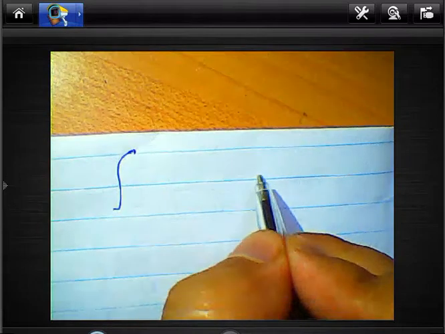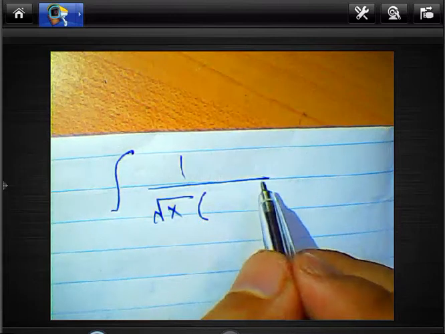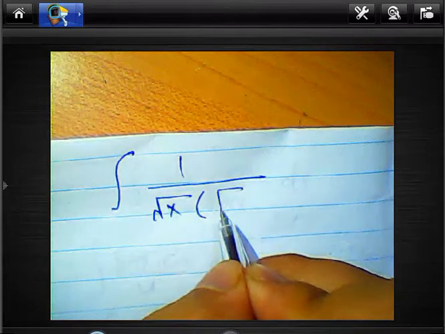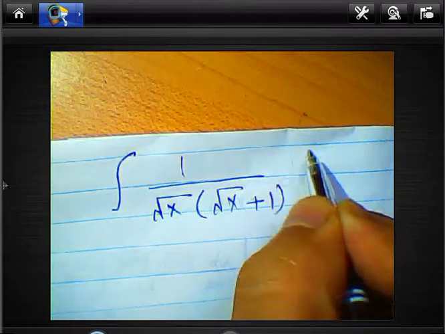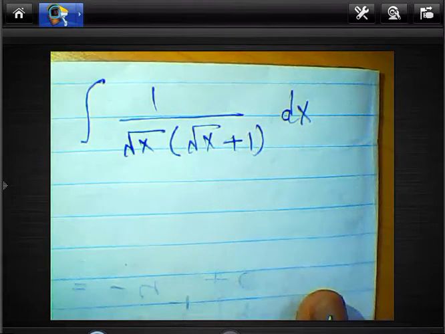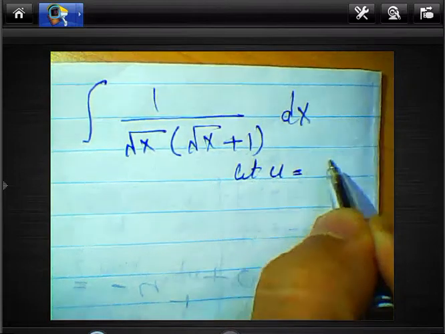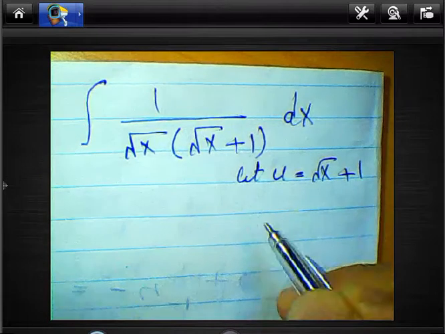integration of 1 over root x multiply by root x plus 1 dx. In this example we put u equals this expression, let u equal root x plus 1.